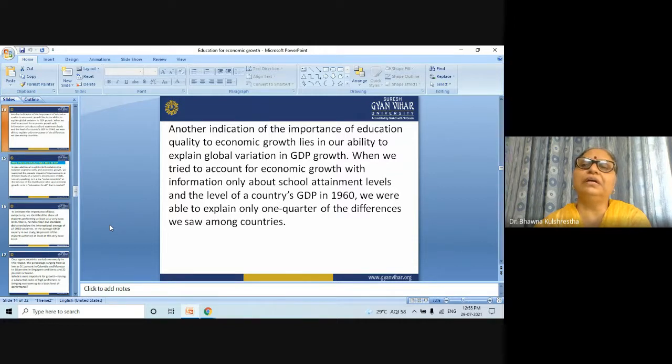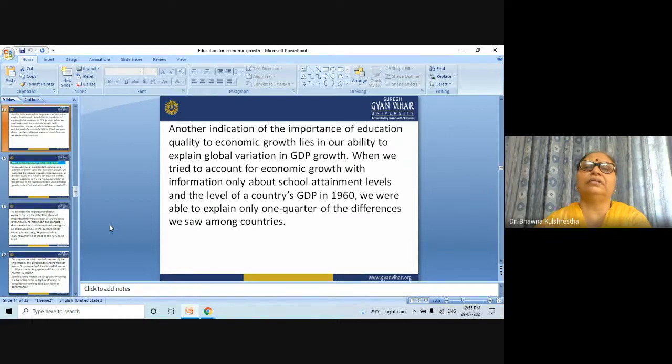In other words, higher levels of cognitive skills appear to play a major role in explaining international differences in economic growth.